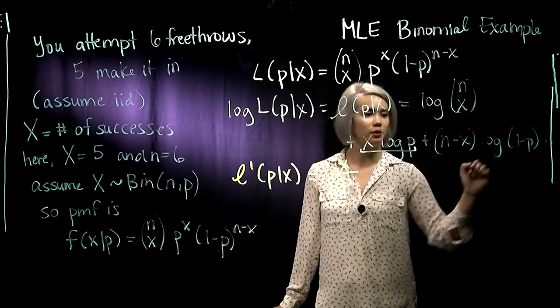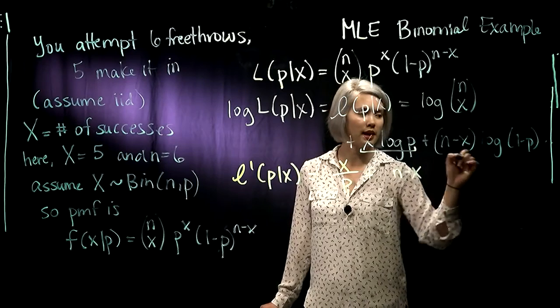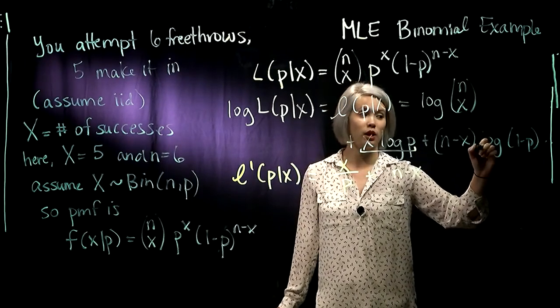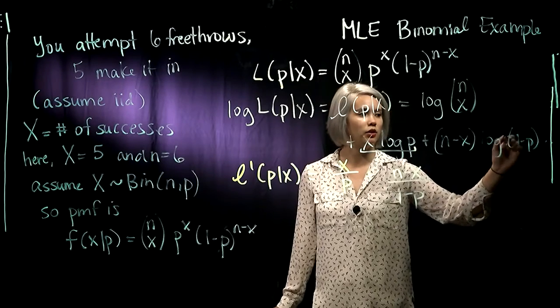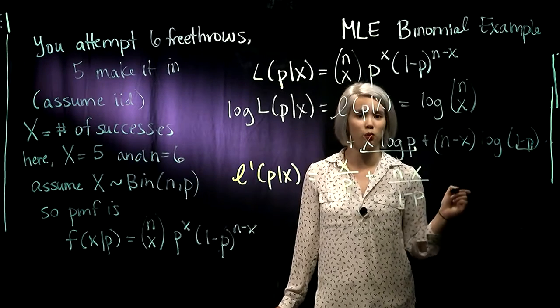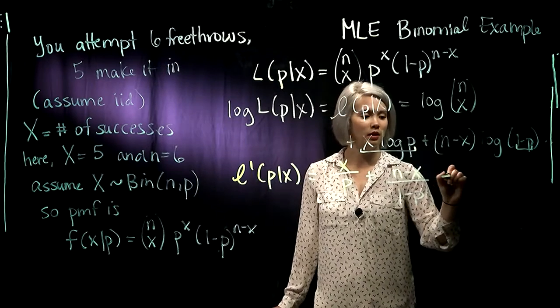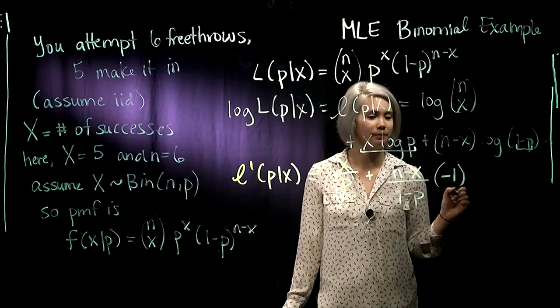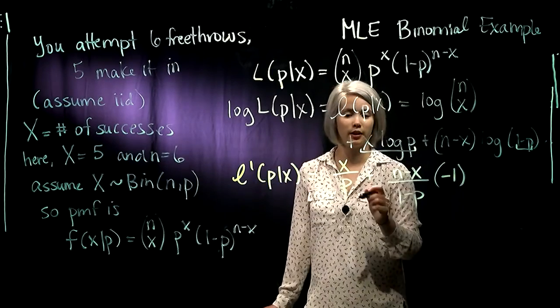And now we have this final piece. We have n minus x times, again, we have log, so we put 1 minus p in the denominator, and then we take the derivative of this inside piece, 1 minus p, with respect to p, and that's just a minus 1. Okay, so now we have the first derivative of our log likelihood.